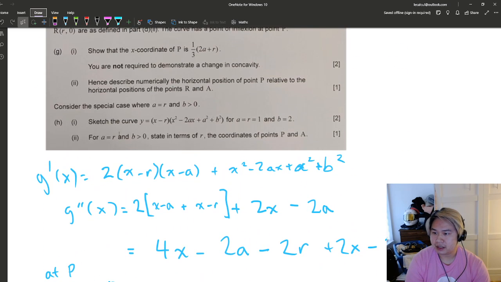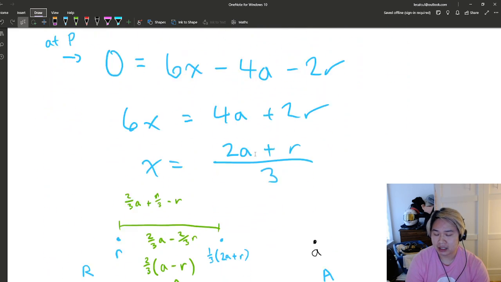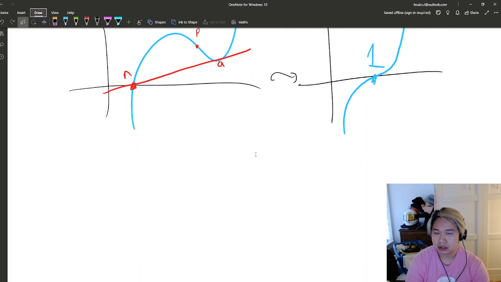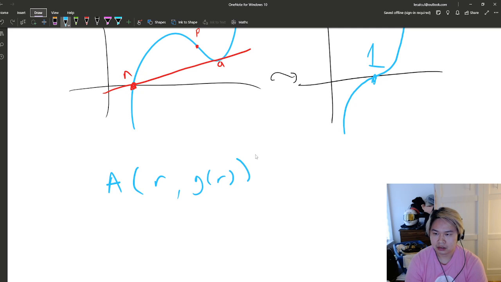And then for A equals R and B is positive, state in terms of R the coordinate points of P and A. So A is going to be R and then G of R. But it's the intercept, of course, so this is R and 0.